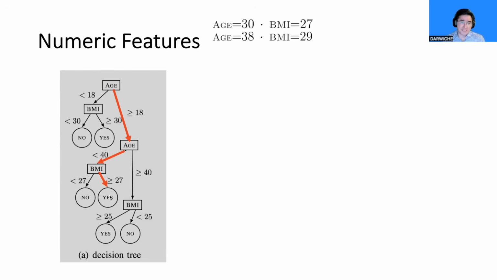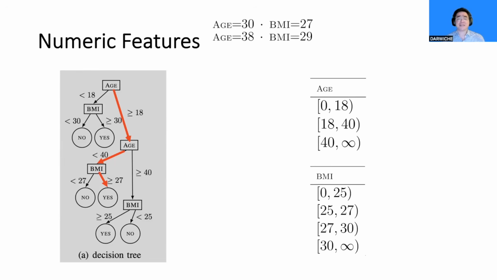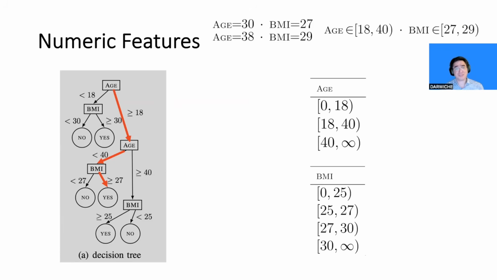And this is not arbitrary. What happened here is, from the point of view of this decision tree, and if you examine it carefully, you'll find that all it cares is whether age is in one of these three intervals and whether BMI is in one of these four intervals. In a sense, even though we have an infinite number of instances, we do have a finite number of equivalence classes of these instances.